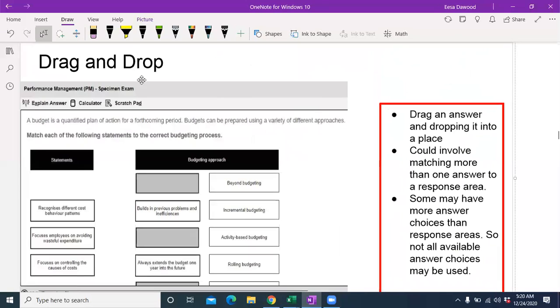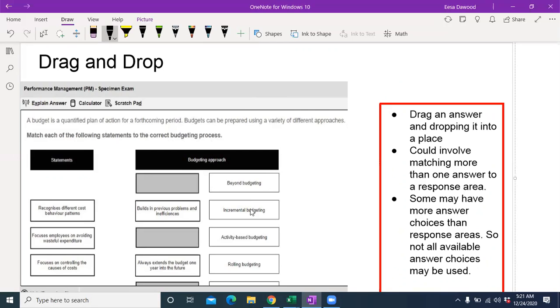Then there are drag and drop questions. For all the applied skills exams, these are the objective test questions which are examined in any paper, whether you are taking FM or any other paper. The same applies everywhere. Drag and drop questions are basically where you need to match each of the following statements to the correct budgeting process.